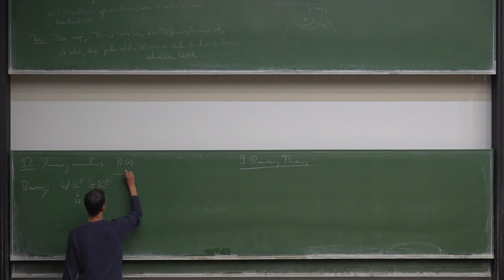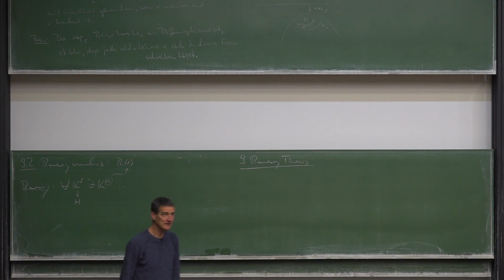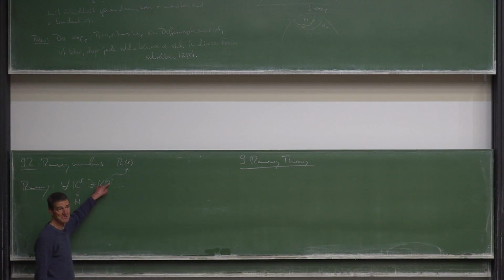This n, the smallest such n, is called the Ramsey number of little r. Right, for every r, there are some n, all big enough n will do, and we're interested in the smallest n such that no matter how we edge color K_n, there's going to be a monochromatic K_r. And the smallest such n is called the Ramsey number of r.